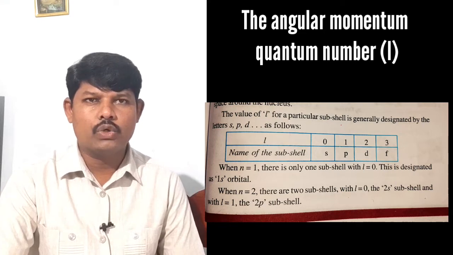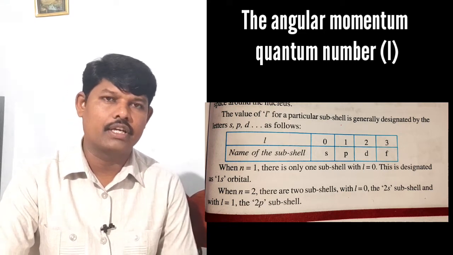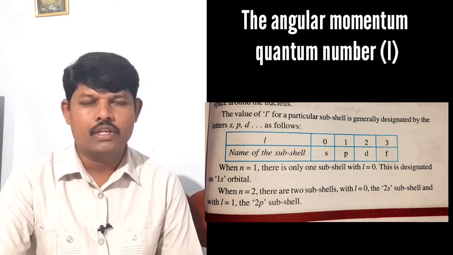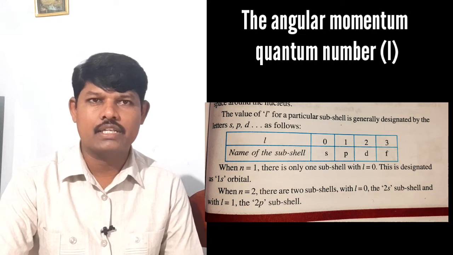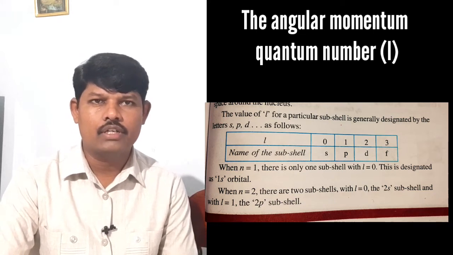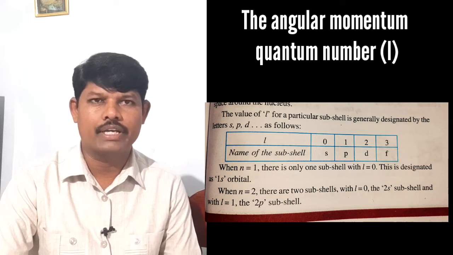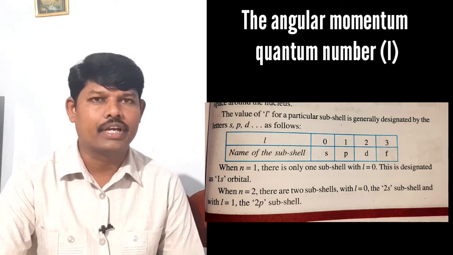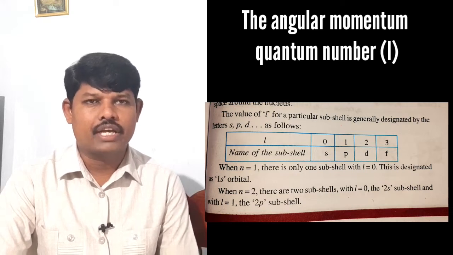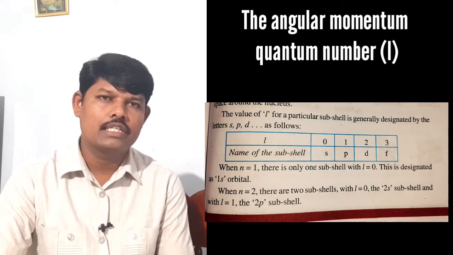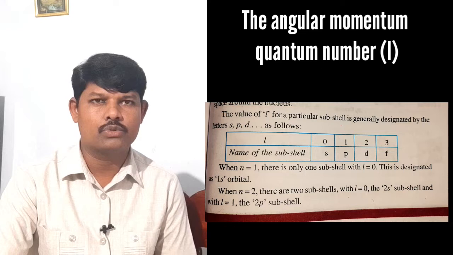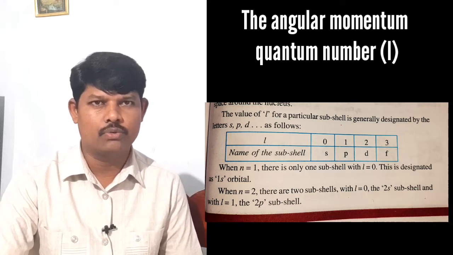When n is equal to 1, how many subshells are there? You can find out by using 0 to n minus 1. If n is equal to 1, then 1 minus 1 is 0. That means only one subshell, that is s. If n is equal to 2, we write from 0 to n minus 1, that is 2 minus 1, equal to 1, so 0, 1.